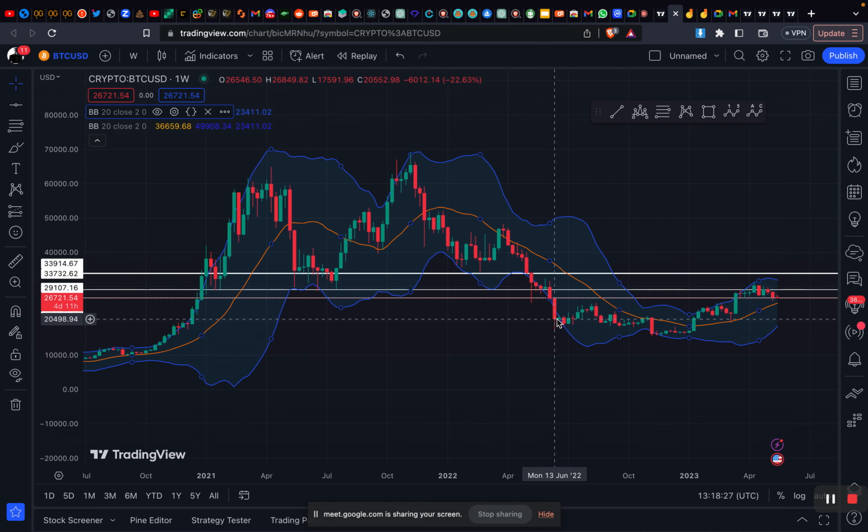When you come to the bottom of the Bollinger Band again, it's a good signal for you to what? For you to buy. And when you get to the top of the Bollinger Band again, it's a good signal for you to sell. Just like if you sold here at the top of this Bollinger Band, you would have sold at 30 something thousand dollar Bitcoin.